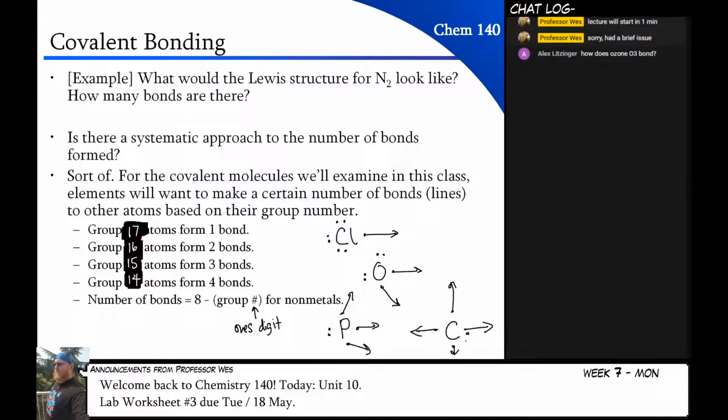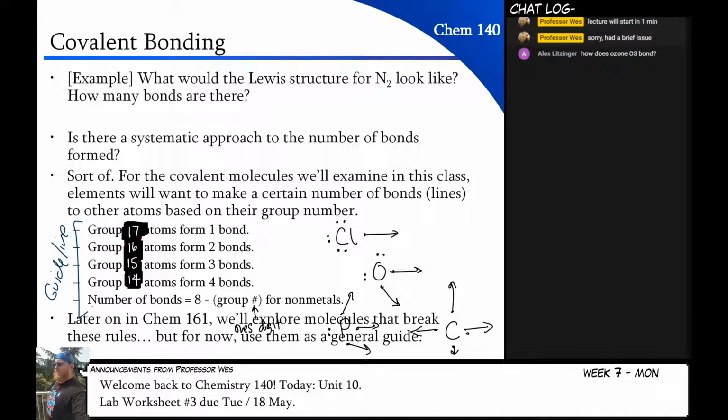All right, so for most molecules, you will observe that elements will form a number of bonds based on their group number. This is not always true, though. So again, remember, this is a guideline, and it is possible to violate this in various forms.